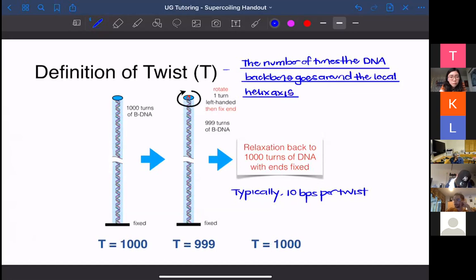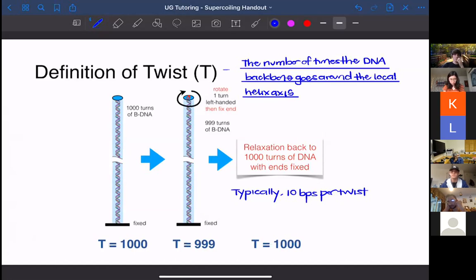Typically there are 10 base pairs per twist. So if the twist is 1,000, then you would have 10 times that many base pairs. If you had 2,000 base pairs in your DNA, your twist would be 200.